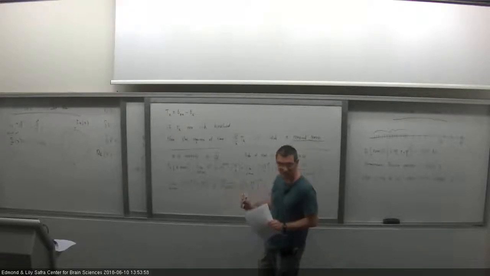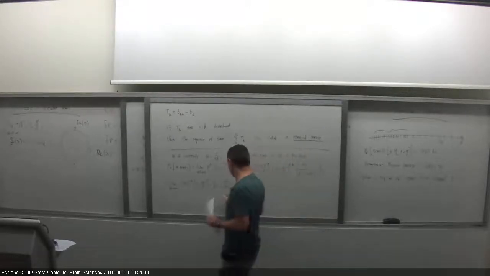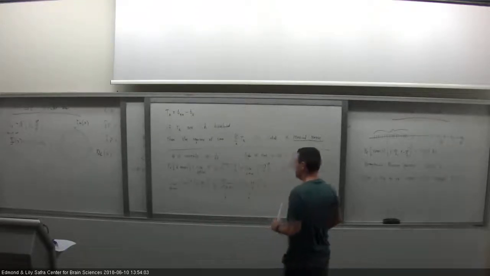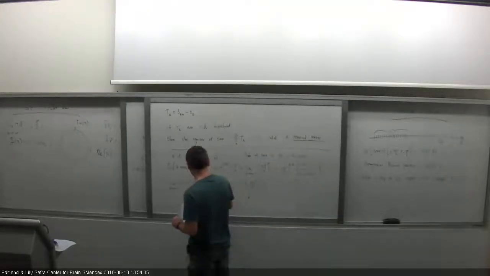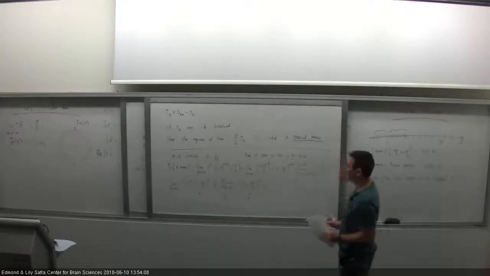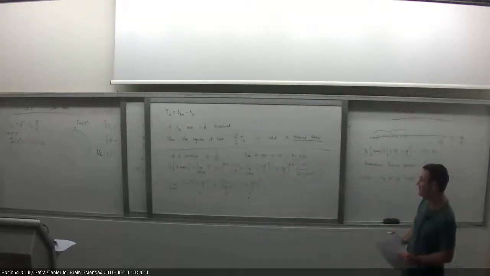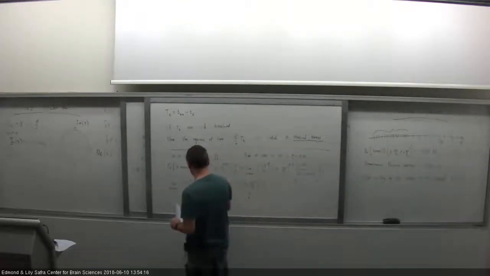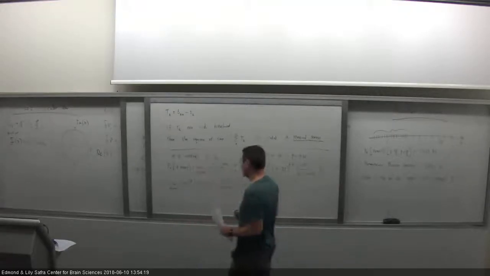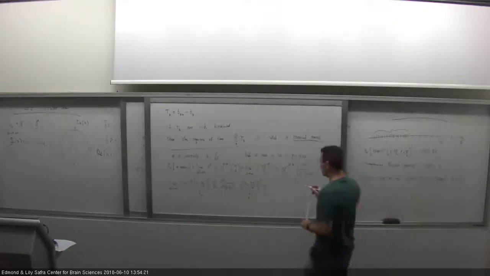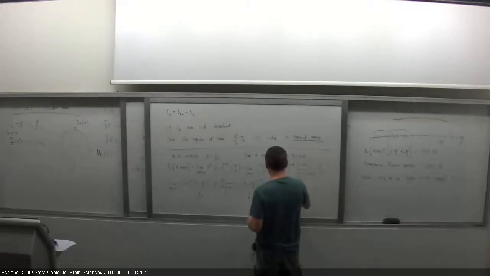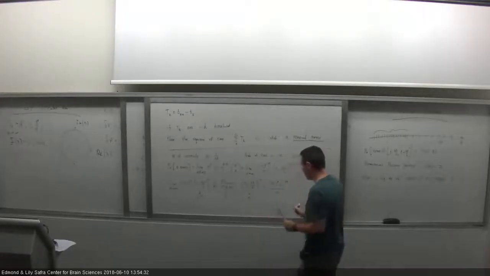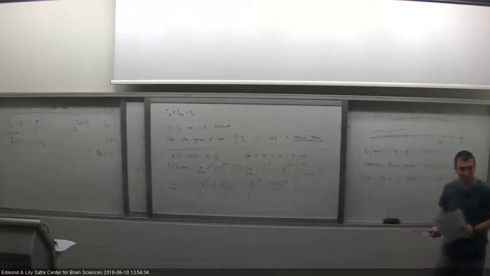So this will also go to 1, right? What will happen to this term? The limit of n going to infinity of 1 minus lambda t over n to the power of n is e to the power of minus lambda t. So this would be equal to lambda t to the power of k, e to the minus lambda t divided by k factorial, and this is known as Poisson distribution.